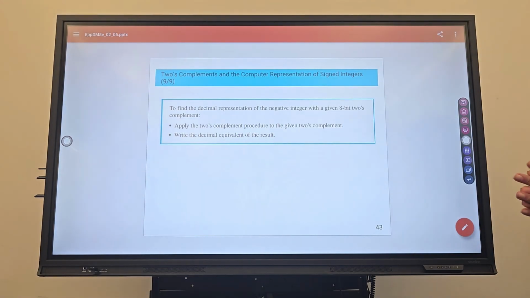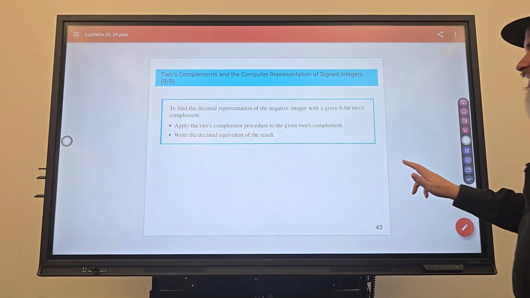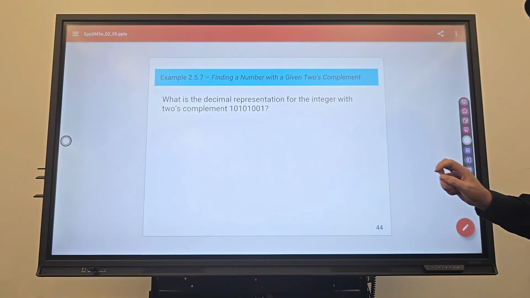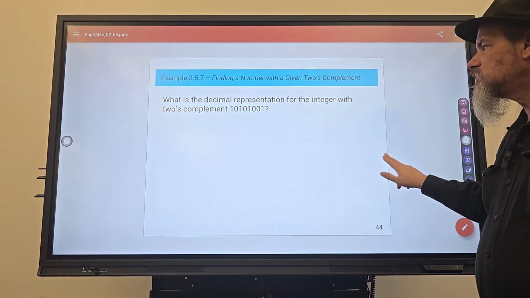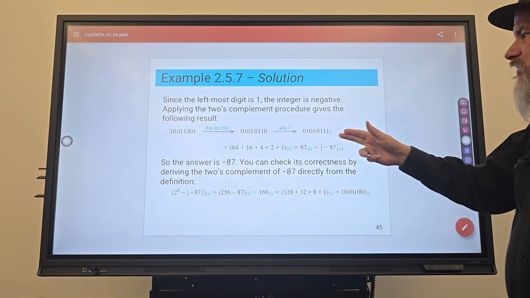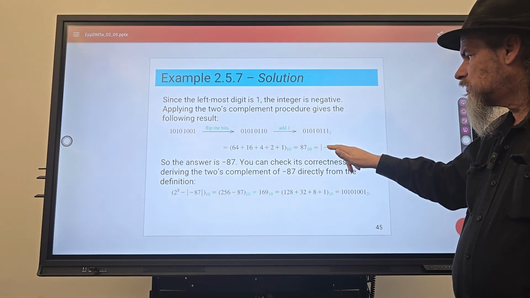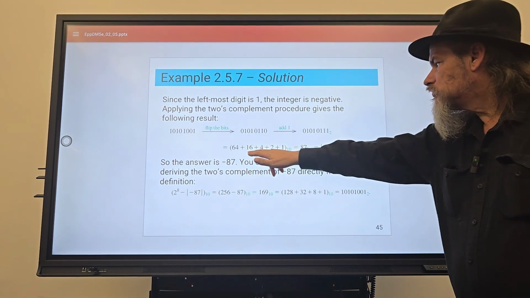To find the decimal representation of the negative integer given an 8-bit 2's complement, apply the 2's complement procedure to the given 2's complement, and then write the decimal equivalent of the result. So you get the decimal representation of this number here by flipping the bits and adding 1, which is 87.